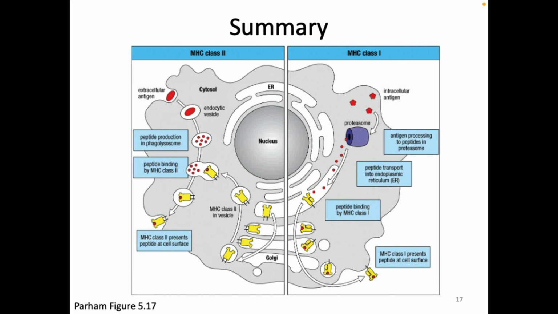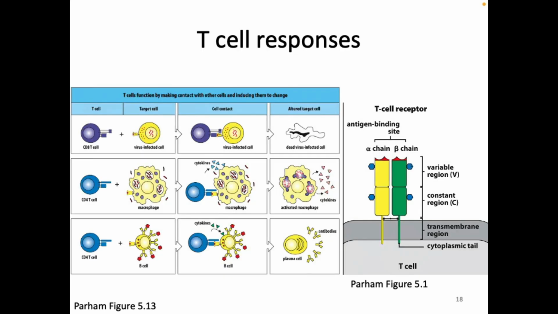These processes are awesome and fascinating, but there are also some other unique, cool things we can think about. What I want you to remember in thinking about MHC processing and presentation is that the whole goal here is to make a T cell response.